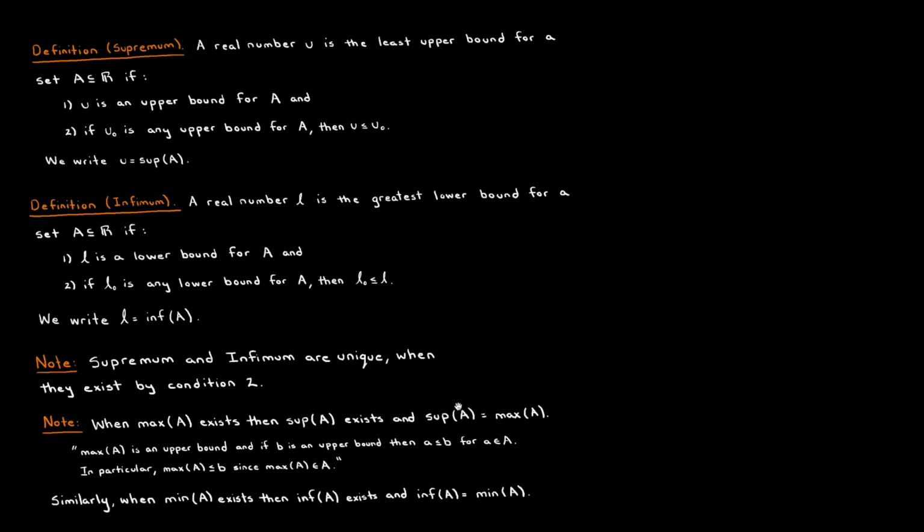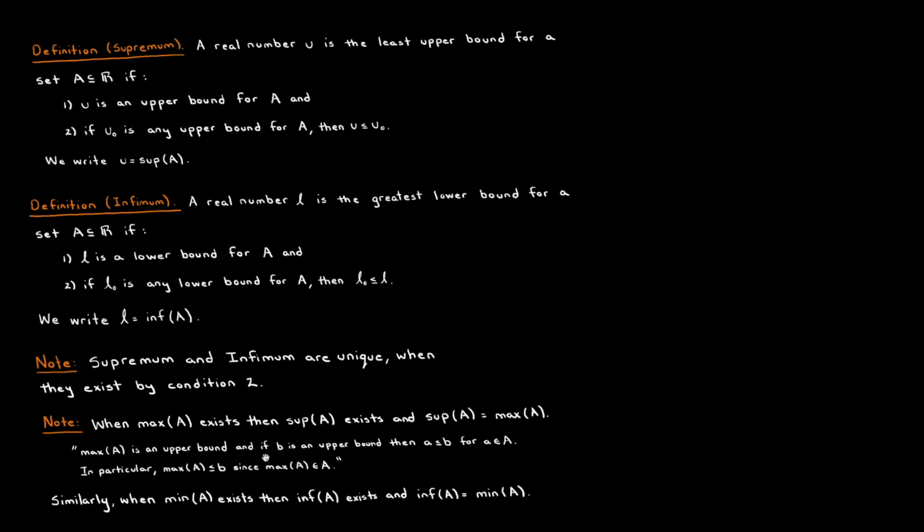Now, how can we show that the supremum of A is exactly equal to the maximum of A? Well, we just have to work with this definition. We need to show that this number, the maximum of A, satisfies these two properties: that it should be an upper bound for A, and if u naught is any other upper bound for A, then the maximum of A should be less than or equal to u naught. Well, the maximum of A is an upper bound for A by definition.